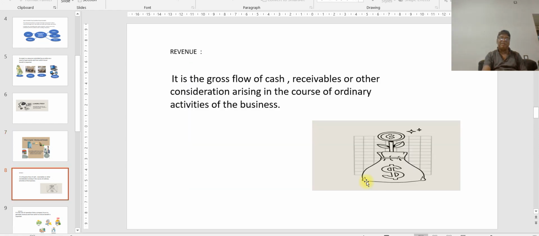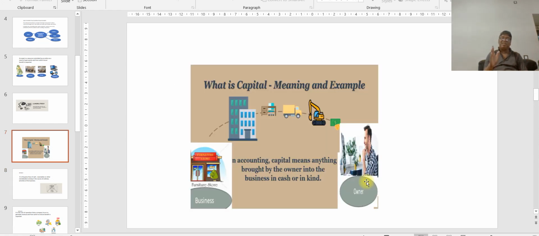Then capital. Capital means anything brought by the owner into the business, either in terms of cash or in kind. Suppose he has provided any asset, then that will be treated as capital. Here, for the owner, investment is the capital, because the business is treated as separate from its owner.